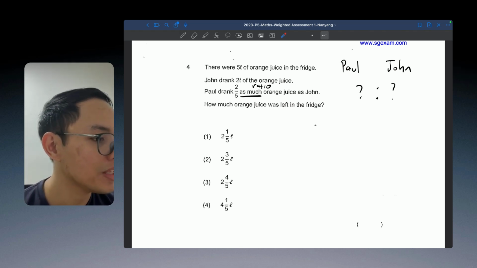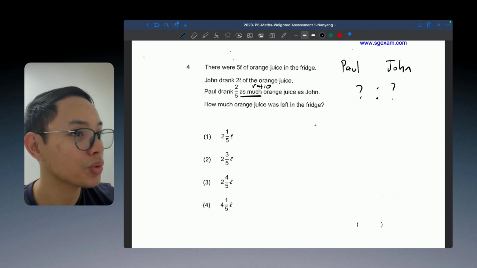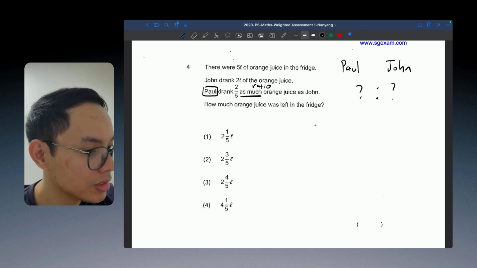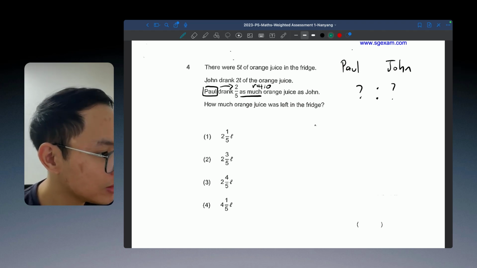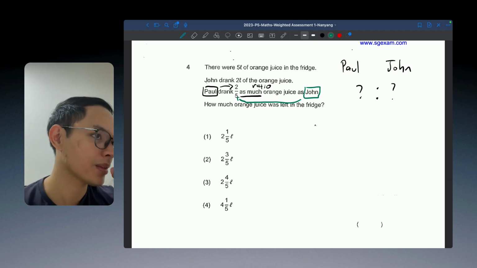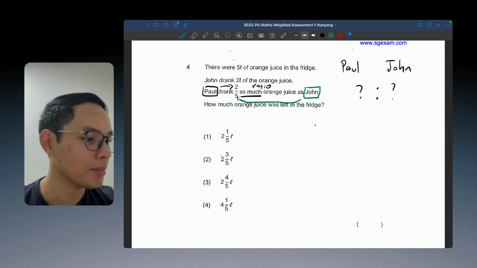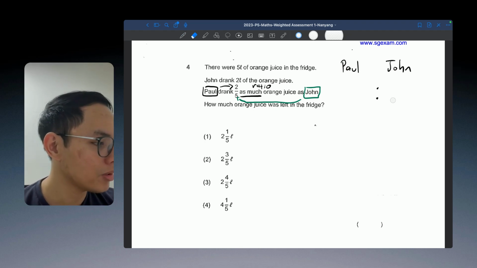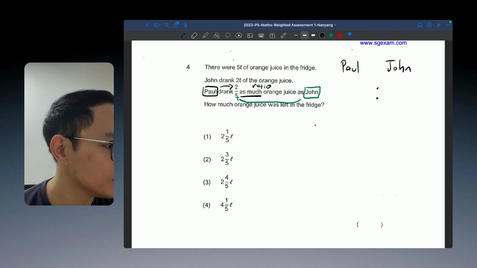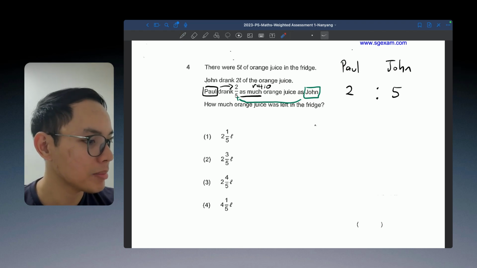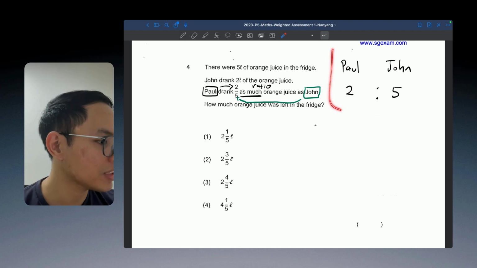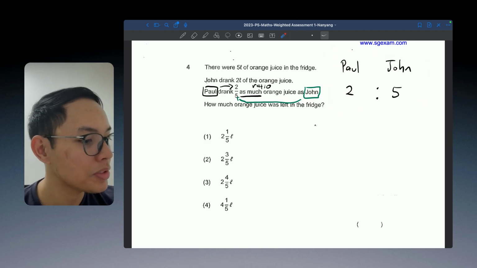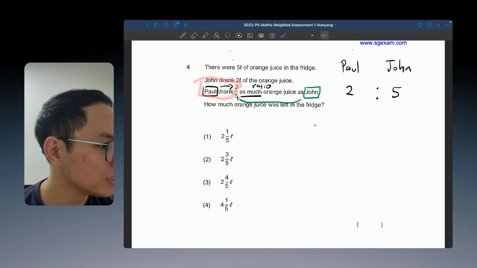If you read this, Paul drank 2/5, that means Paul over here has 2, while John over here has 5, the number 5. So when you read this whole statement, this is what you should put. When you see Paul drank 2/5, that means Paul's ratio should be number 2.